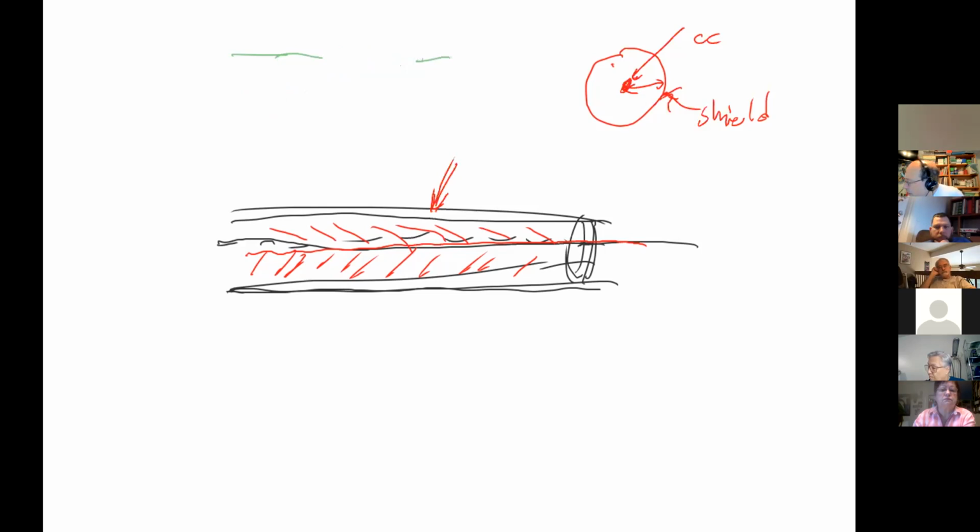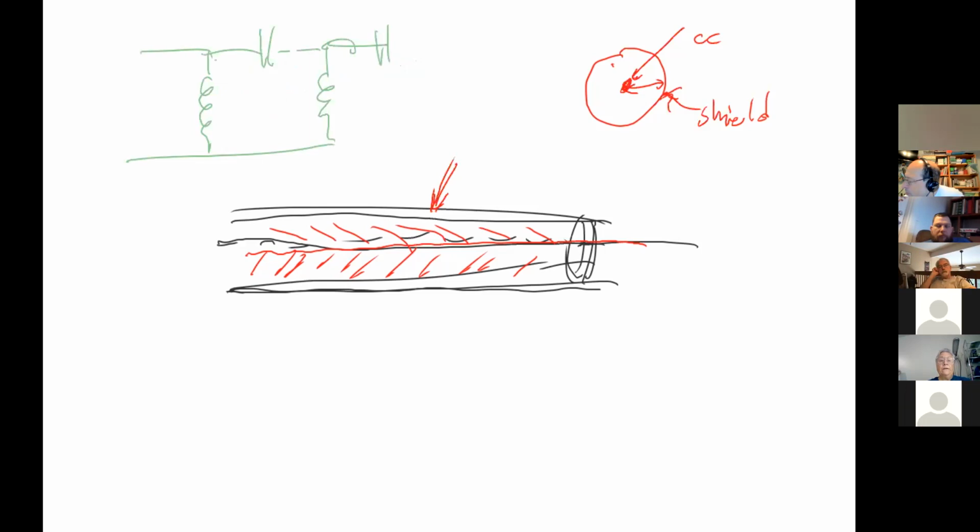Something that basically looks like this. I still did that wrong. It's early. Give myself a break. Otherwise, it would be shorter. Basically, you have an infinite string of capacitors and inductors.